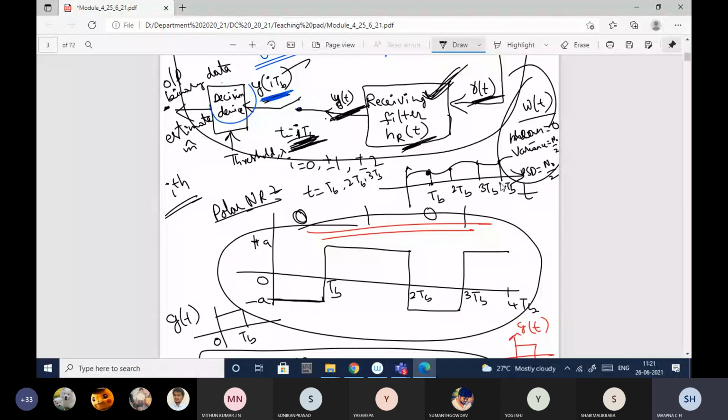So the output of this sampler will be only these values. From this I need to get the ith symbol. Based on this y of iTb value, it will be compared with the threshold value, and it will take the decision.